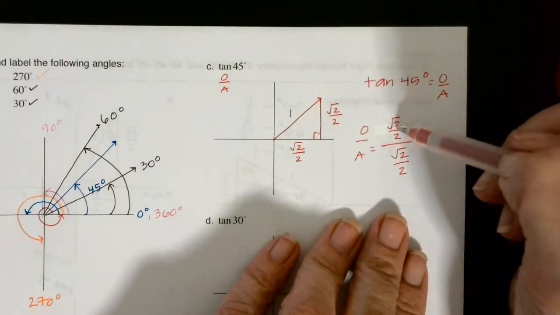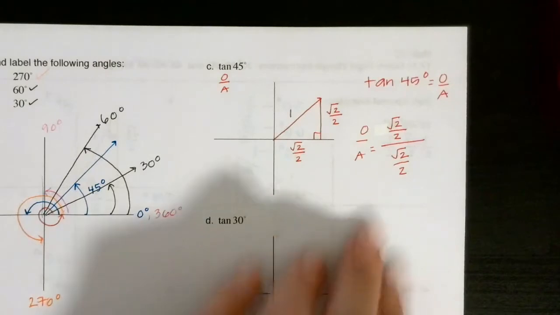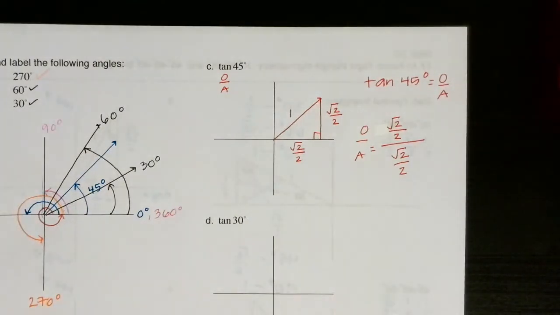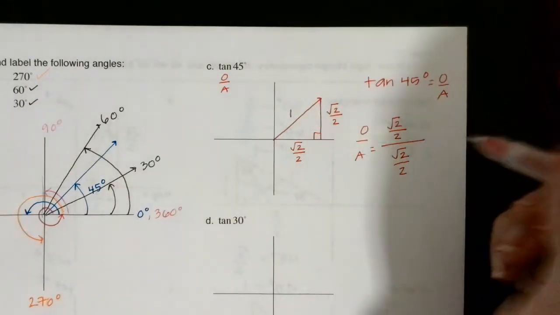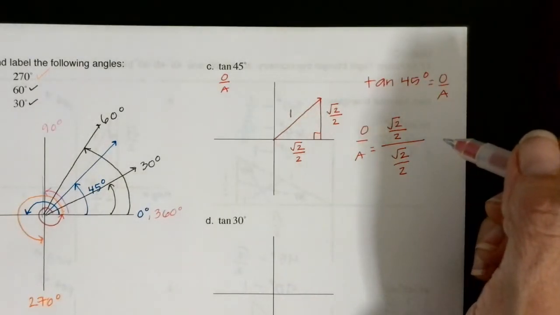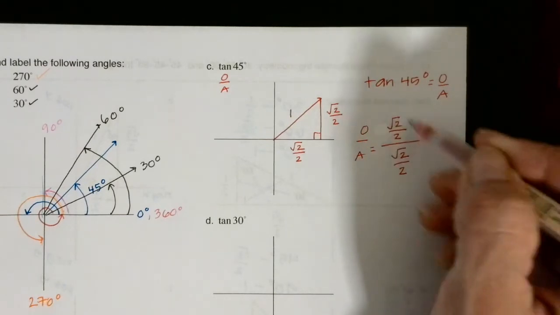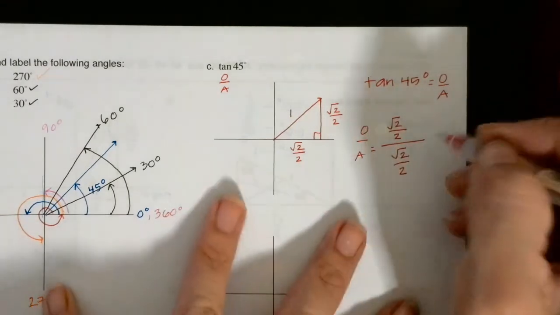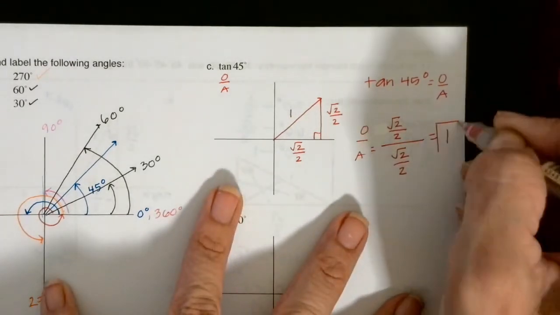So if you're doing opposite over adjacent, you get this fraction. And there's 3 fraction bars, and we can't have 3 fraction bars in math, so how do we deal with that? So the way we deal with that is we either copy dot flip, or in this particular problem, any quantity divided by itself is equal to 1. So this one's just 1.